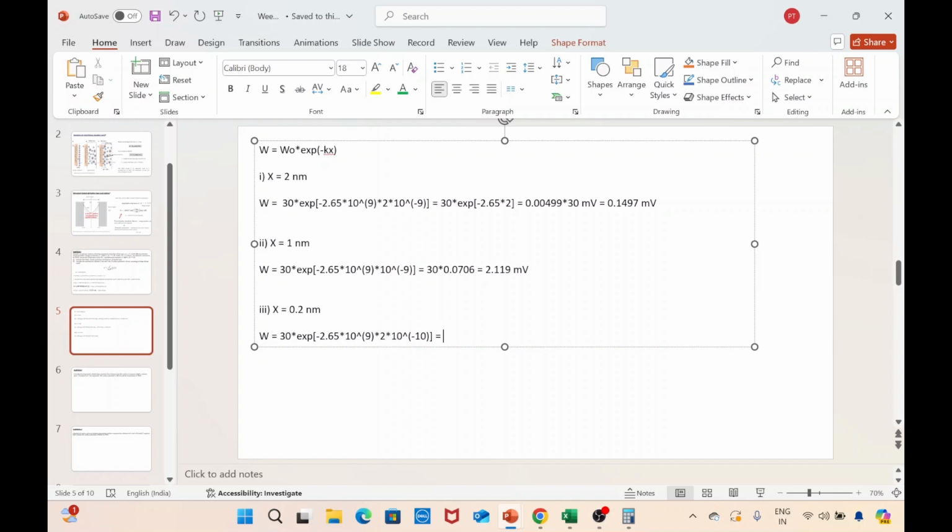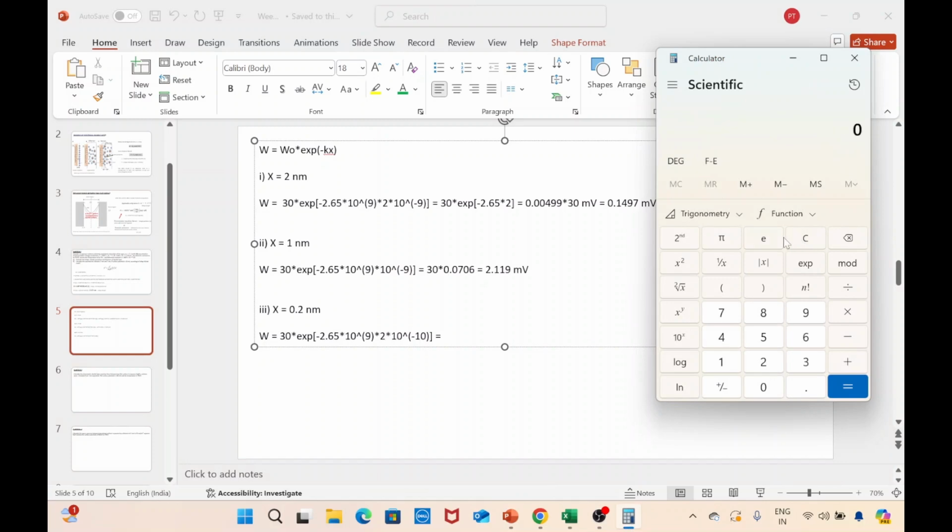What will be this value? It will be exponent of minus 0.53.